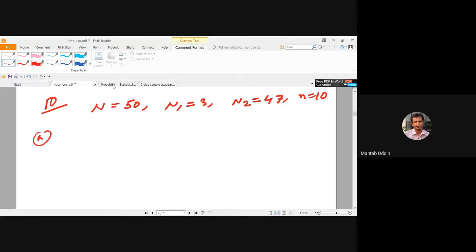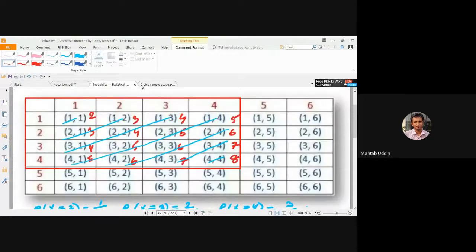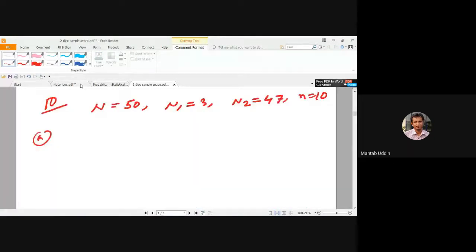Okay. It said the first question: exactly one defective element, and the second question: at most one defective element. So how can we find them? Exactly one and at most one. Can you differentiate them?